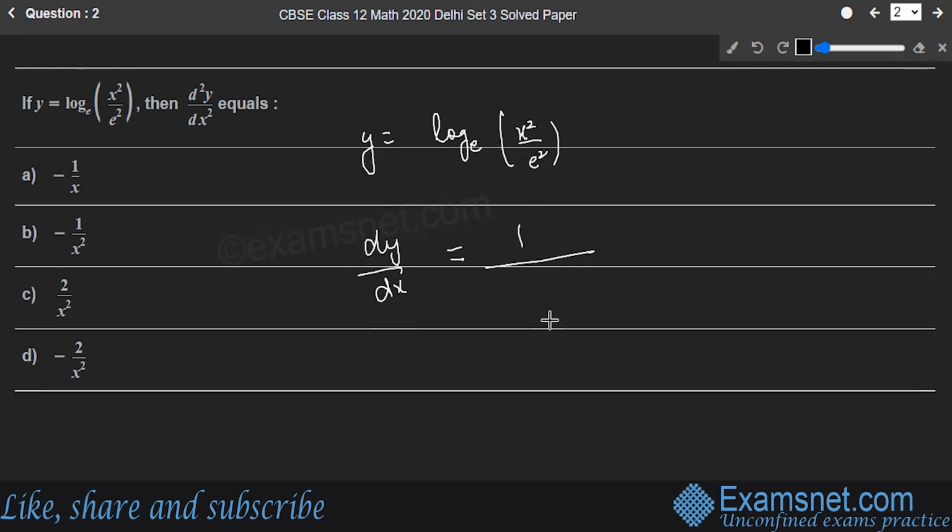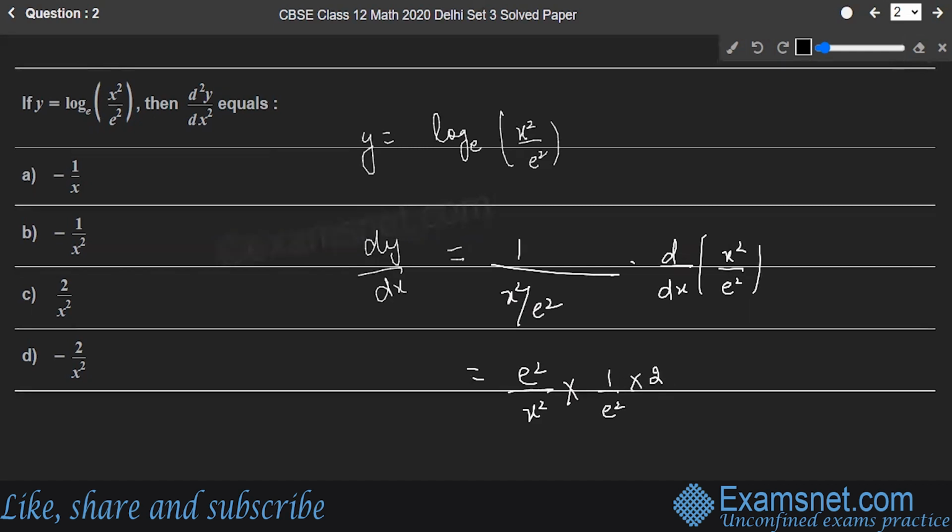You have 1 upon x squared upon e squared into the derivative of x squared upon e squared. This is equal to e squared upon x squared into 1 upon e squared into 2x. This x and x will cancel, e squared will cancel, and you will have 2 upon x. This is dy upon dx.